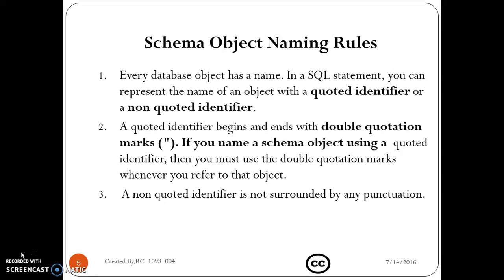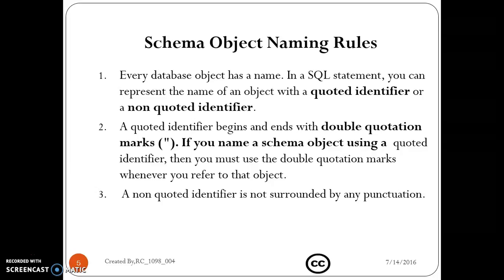If you name a schema object using a quoted identifier, then you must use the double quotation marks whenever you refer to that object. A non-quoted identifier is not surrounded by any punctuation. In simple language, you can consider schema object name to mean table name or column names.